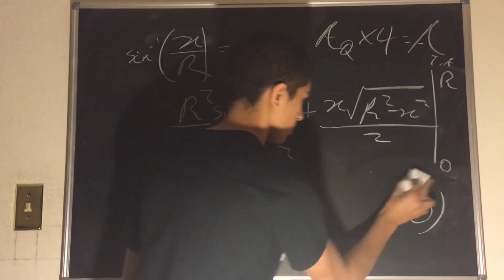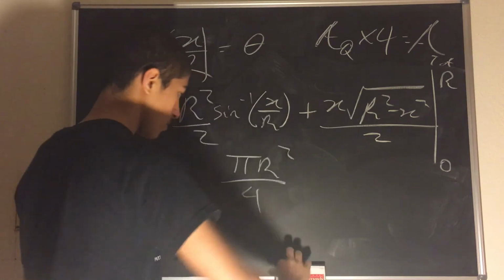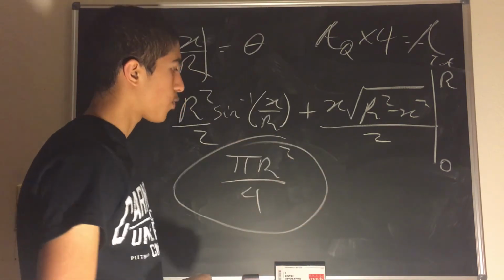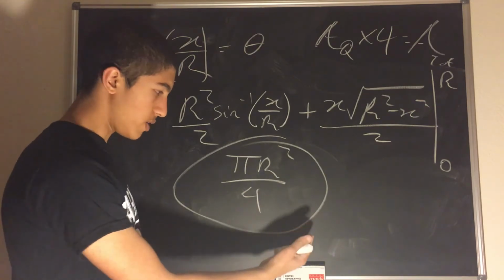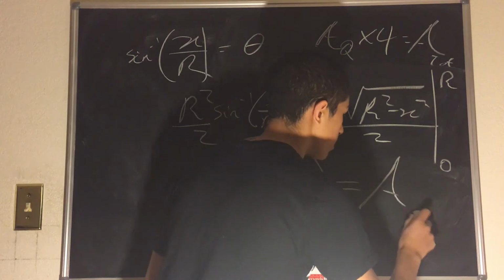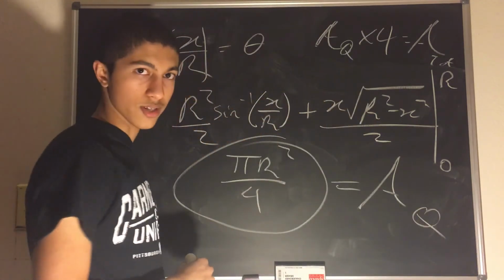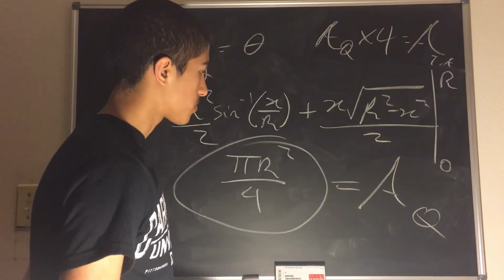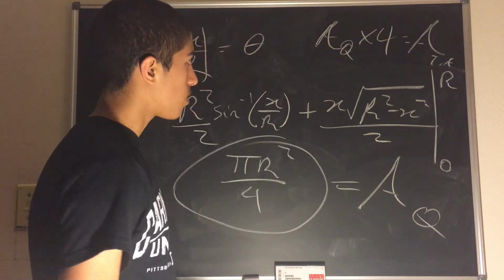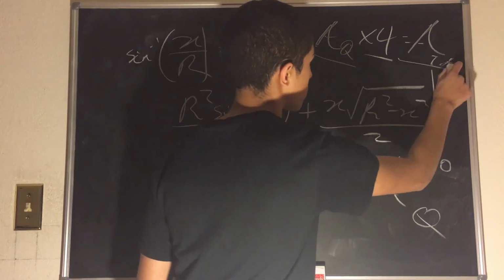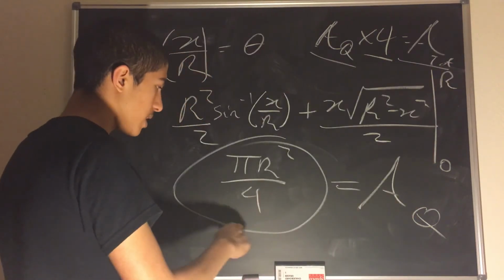So what we're left with is this term here, pi r squared by 4. Now, what did we come up with? If you remember, the area of the first quadrant of the circle, the first quarter section of the circle. Since area of quadrant times 4 is equal to area total, we must multiply this by 4.